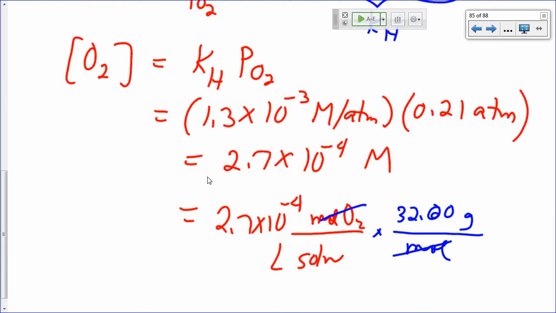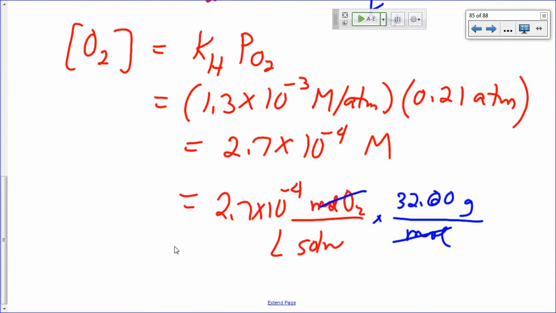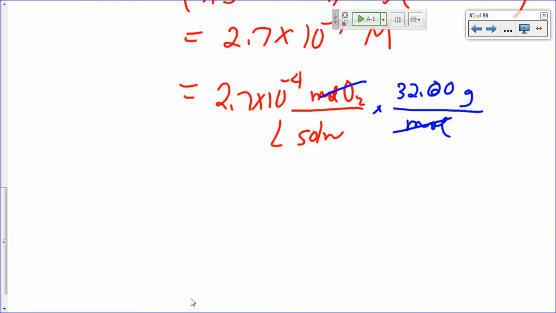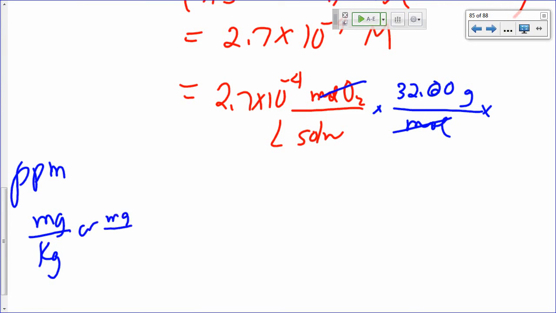So moles cancel out. And that would give me, and then ppm is what? It's milligram per kilogram, right? Or milligram per liter if it's very low. So let's change this to milligrams. So 1,000 milligrams per gram.